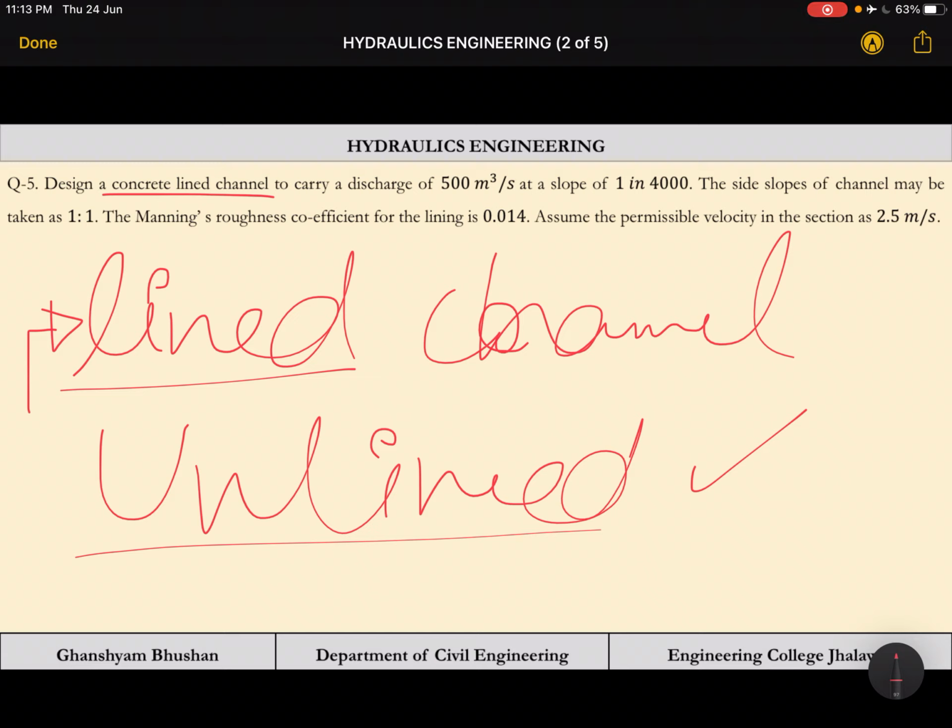If we are constructing a channel, then we will provide a lined channel and do the lining. In the irrigation part, which we will study in the next semester, we have to calculate the cost benefit ratio when providing discharge for a particular region. For example, for Jhalawad city, some irrigation project is going on, and as an engineer we have to see the economics also.